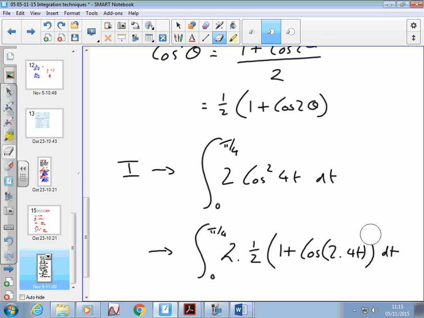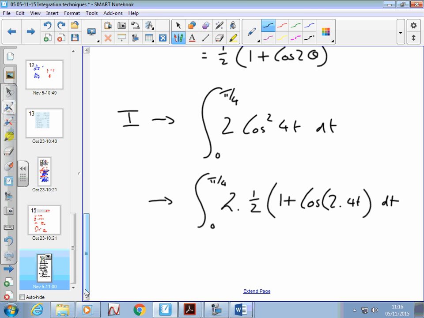Don't need that bracket there. I'm replacing cos squared theta with a cos 2 theta, note, so I'm doubling the angle.